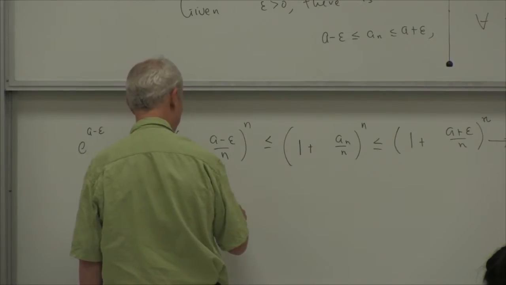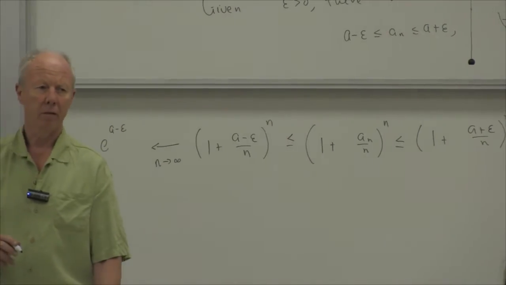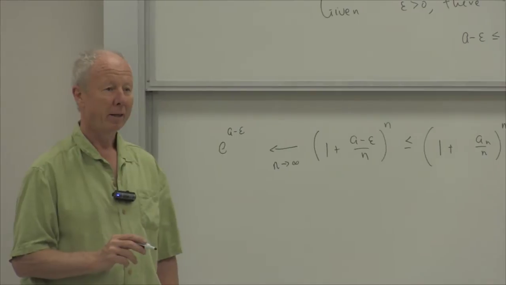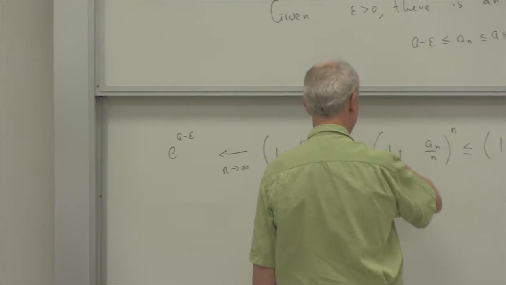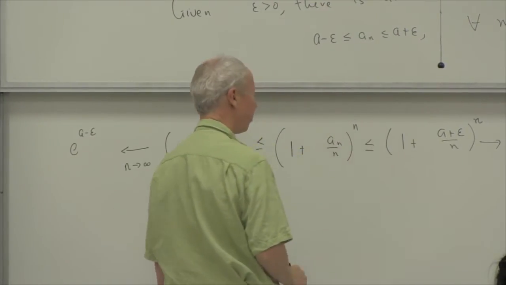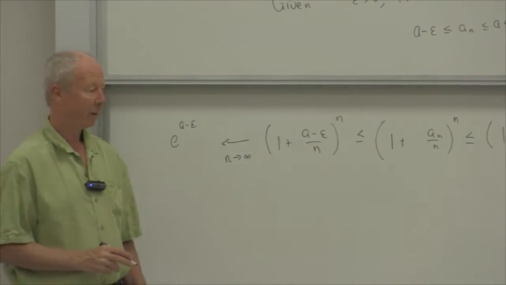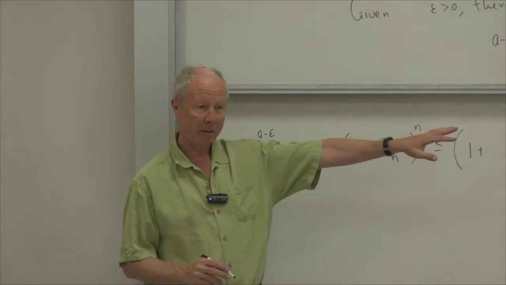So maybe you remember, do you know the terms lim inf and lim sup? No? Okay. Well, if this limit exists, what does it have to be between? e raised to the a minus epsilon, to the a plus epsilon. Has to be between this and that, right?